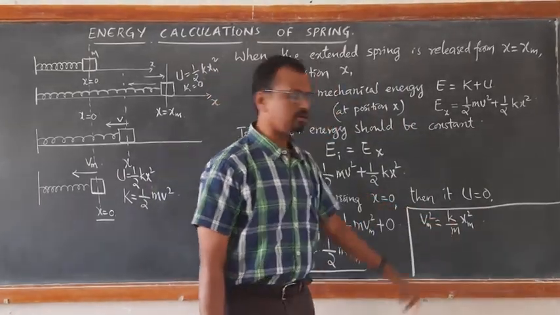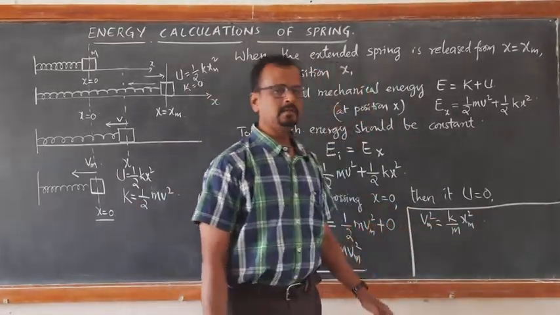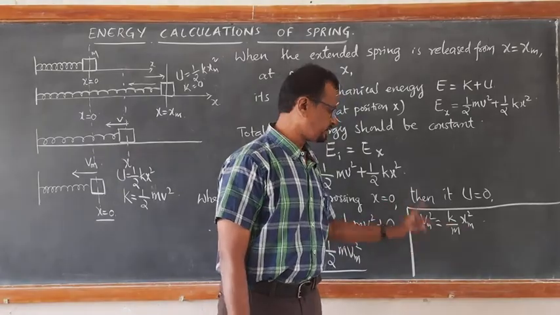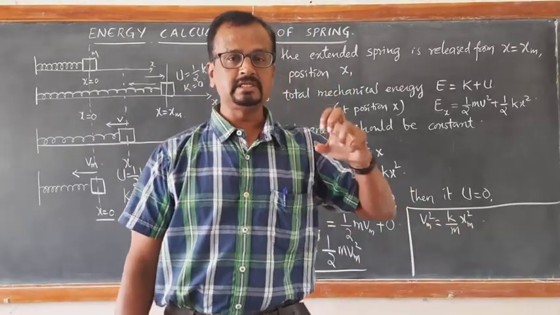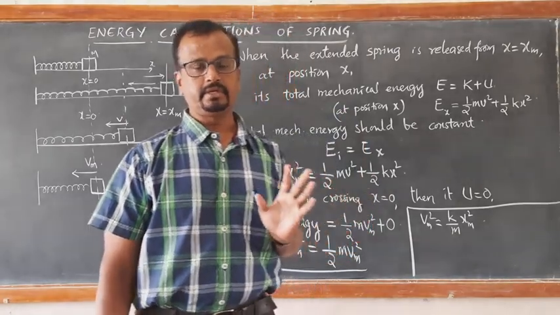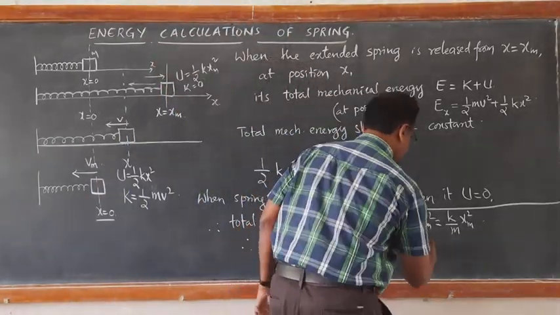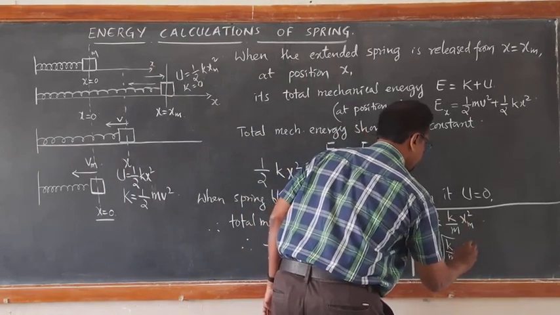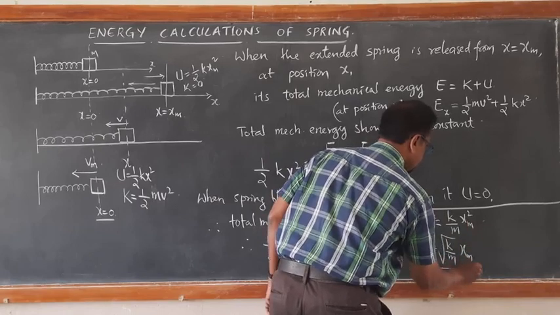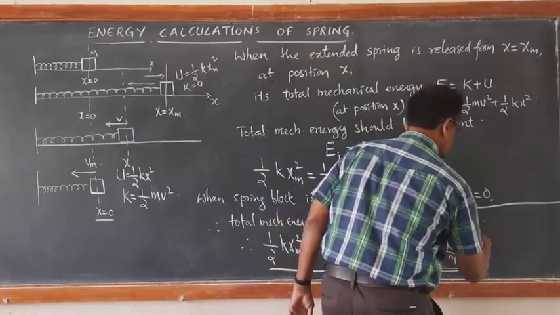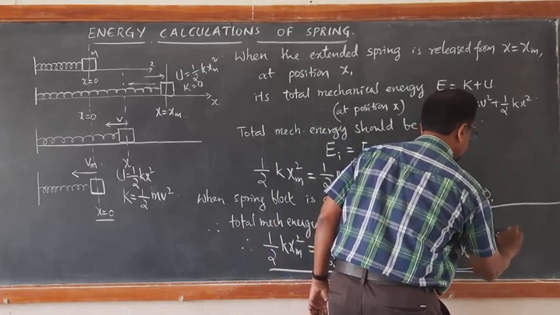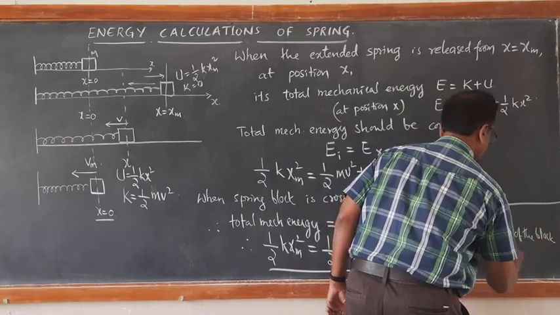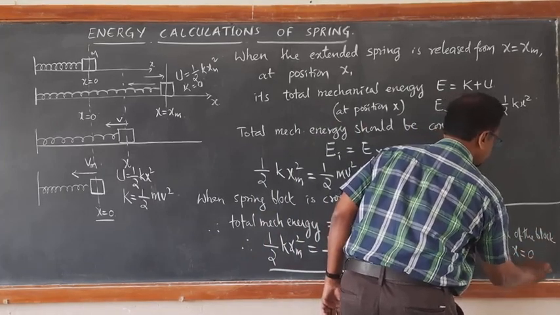So by knowledge of spring constant k, mass of the block m and the maximum extension xm, we can calculate its speed when it is just crossing the equilibrium position at x equal to 0. Therefore, vm becomes equal to square root of k by m into xm. This is the speed of the spring block at equilibrium position x equal to 0.